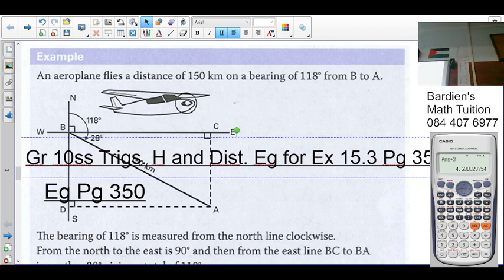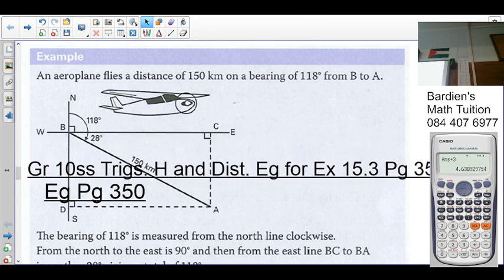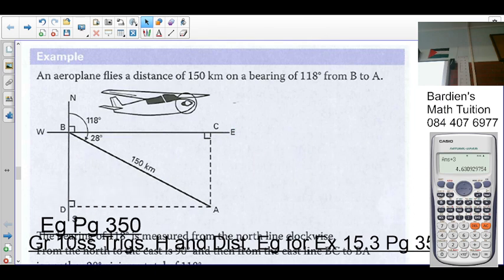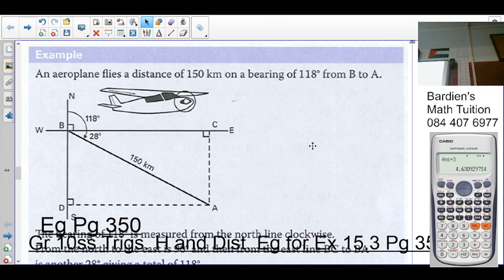Okay, anyway, no mistake. So we are told that an aeroplane flies a distance of 150 kilometers on a bearing of 118 from B to A. So this point B is flying 150 kilometers to A. If you look at this here, it's 118 degrees.